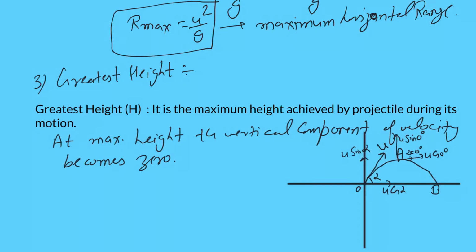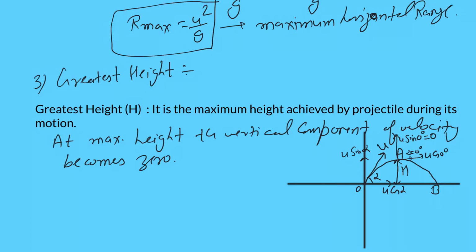Here I have plotted the figure again. This is the velocity u and this is the horizontal component at the initial point. The vertical component is u sin alpha, and at greatest height this vertical component is 0.